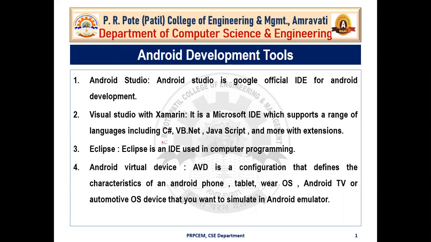The Android Virtual Device Manager is an interface that you can launch from Android Studio, and it helps you create and manage your Android virtual devices. So this is all about the Android development tools. There are four tools: Android Studio, Visual Studio with Xamarin, Eclipse, and Android Virtual Device.